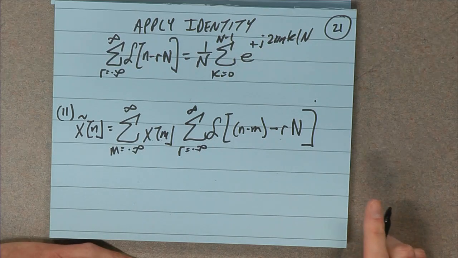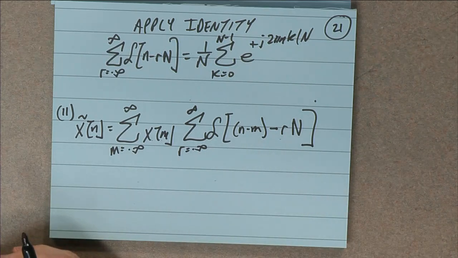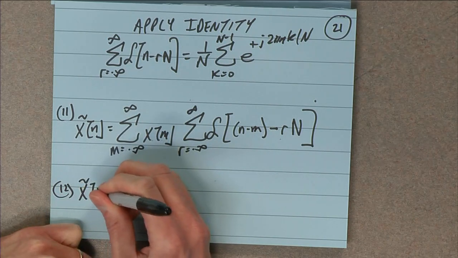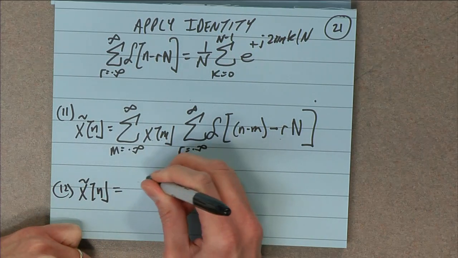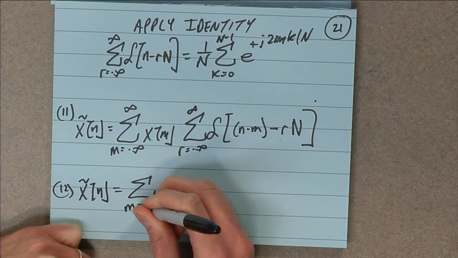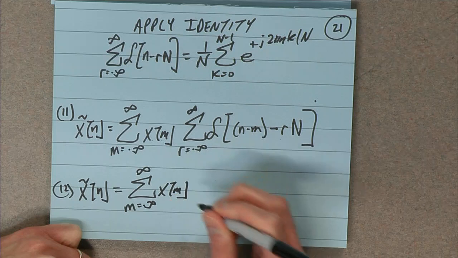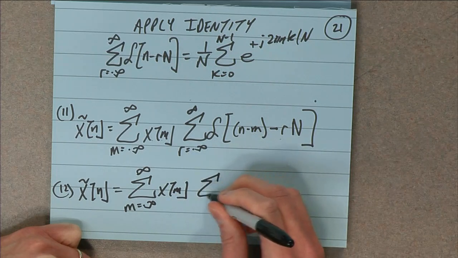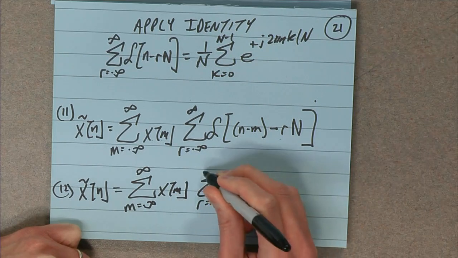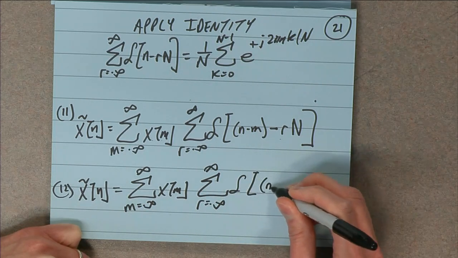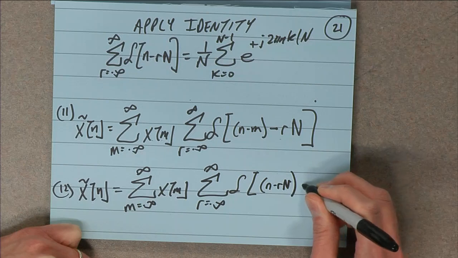So now the next step is to say, wow, this looks a lot like a convolution. And we can make one more adjustment to make it stand out more. We'll make this x of m. And now I'm going to rewrite this. So the impulse is n minus r cap N minus m.